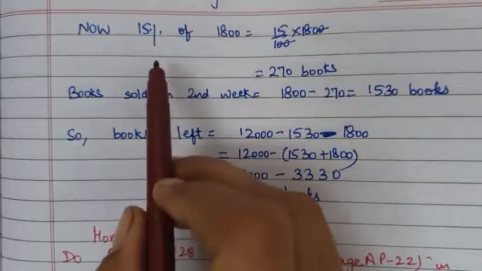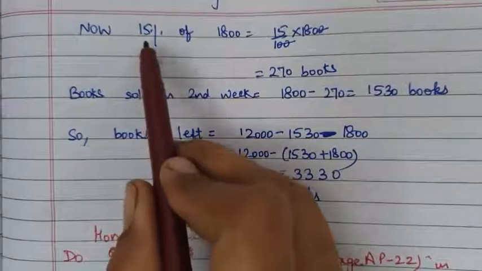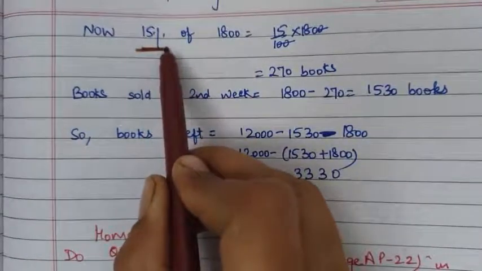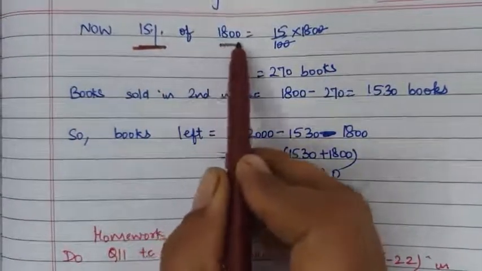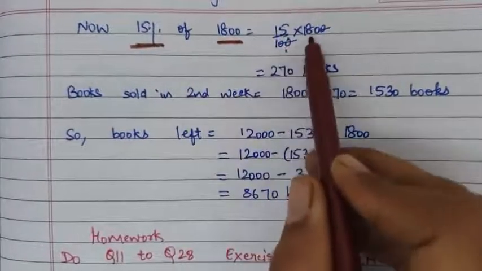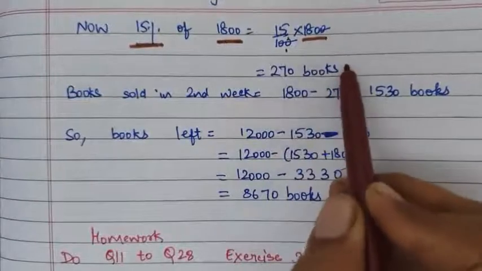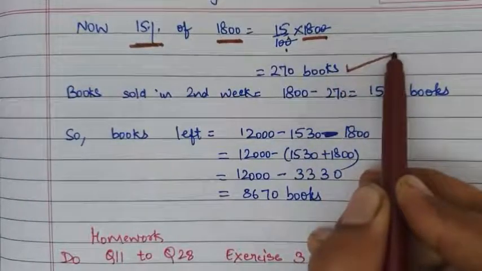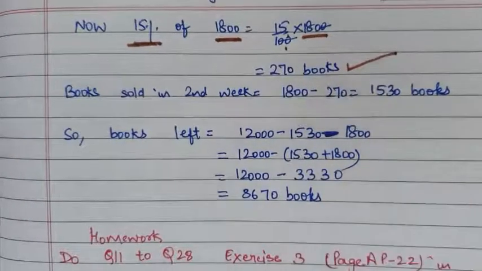Now we know that in the second week of April, 15% fewer books are sold. So first of all, let us find out what the 15% will be. We have 1800 books now. 15 upon 100 into 1800, we got 270 books.